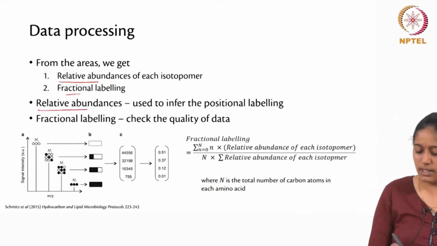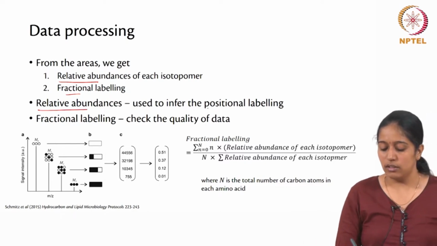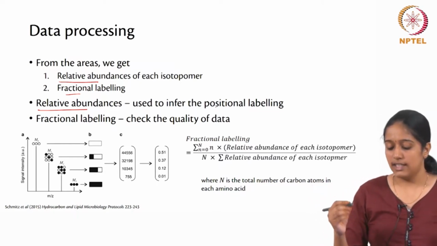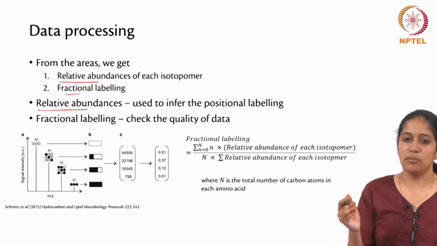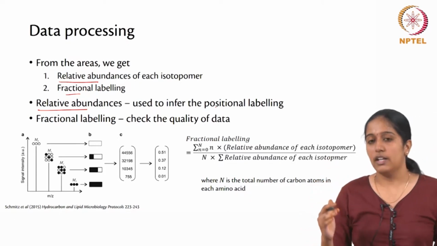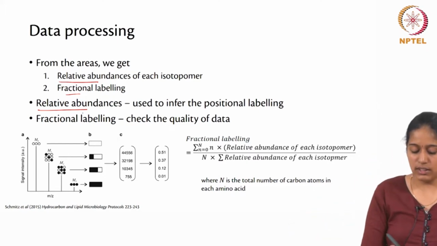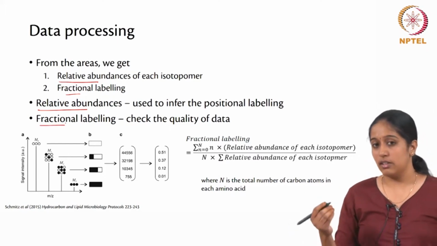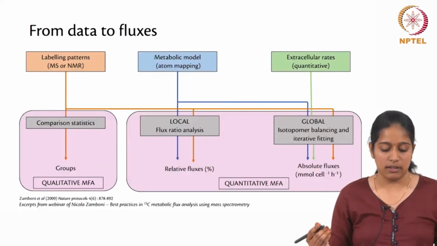Whereas with relative abundances, you can find out at what positions the labeling has happened. For example, if you have pyruvate, has it got labeled at the 3rd position or at the 2nd position and so on. So, these are the two things that you might want to calculate with the areas that you got from the mass spec.